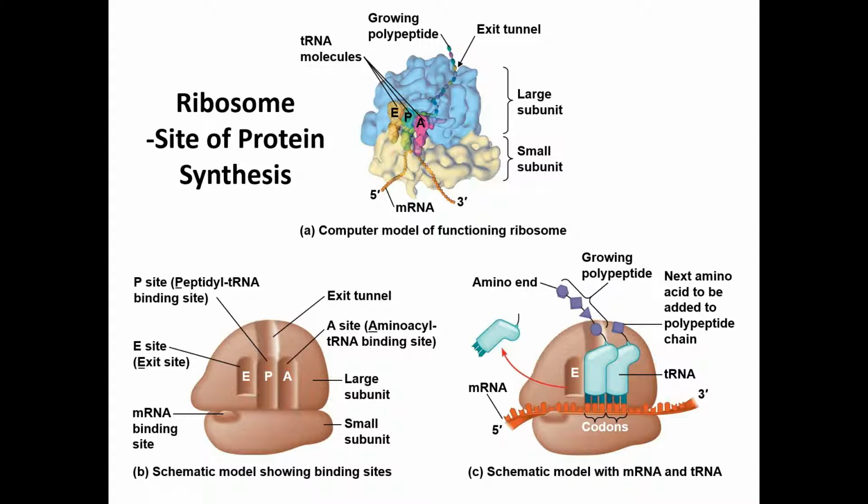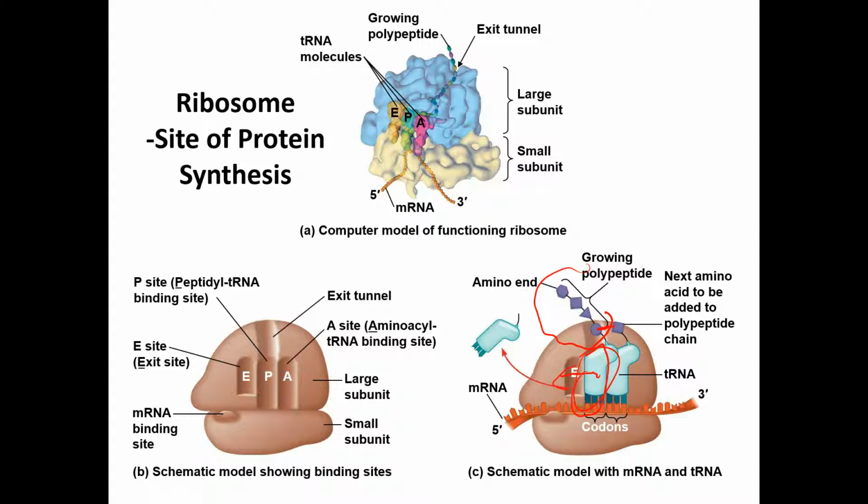Here you have a tRNA molecule located on the P site, and it's basically going to transfer the growing polypeptide chain to this amino acid on the A site. Once that takes place, this particular tRNA molecule will shift over to the E site and will leave because it's no longer charged.